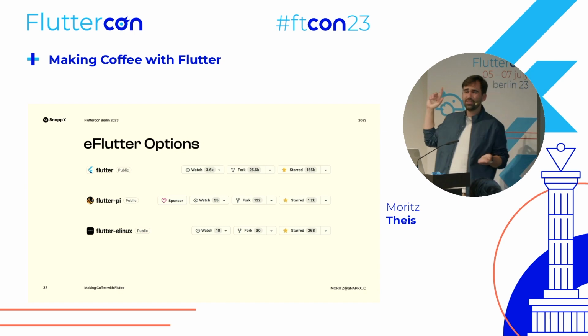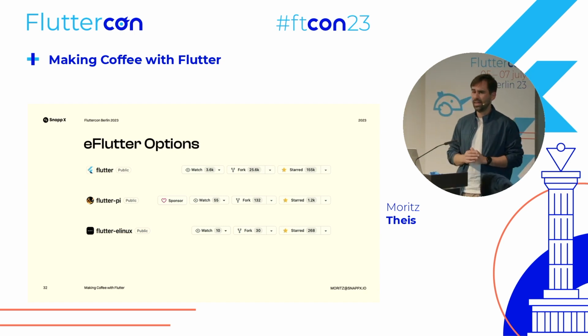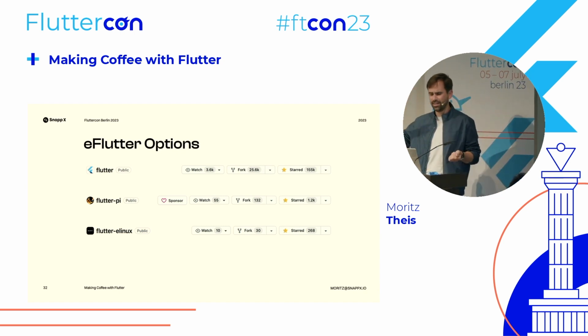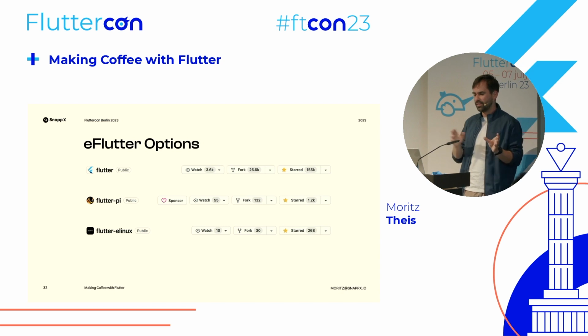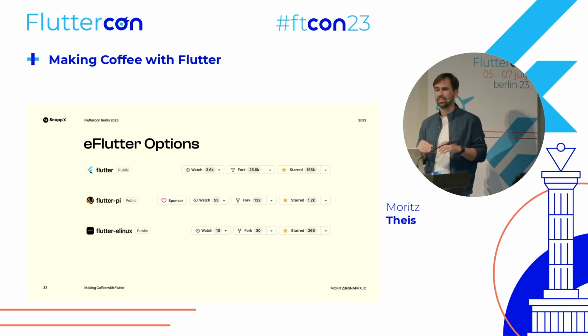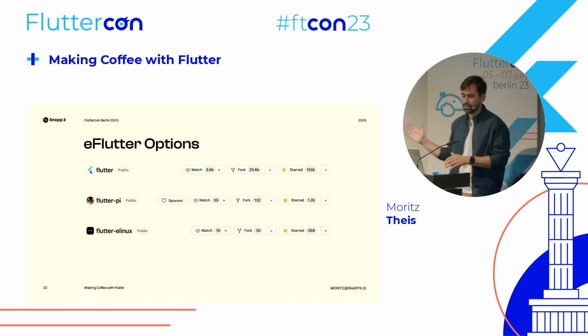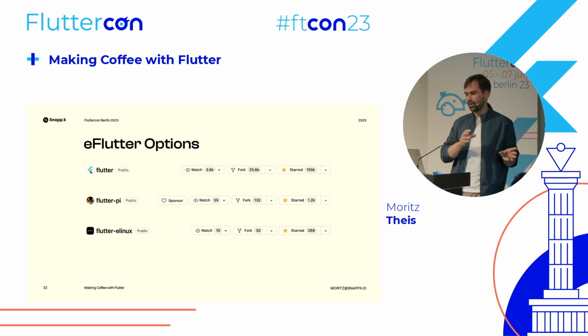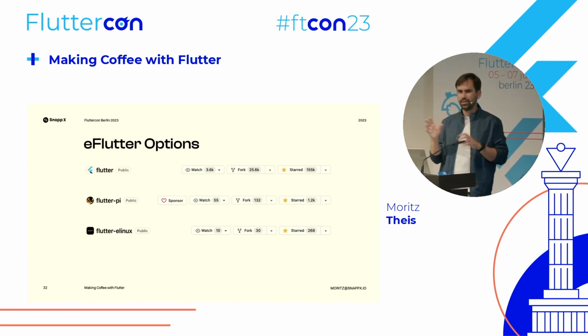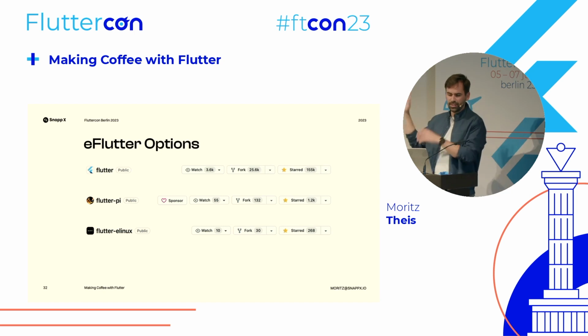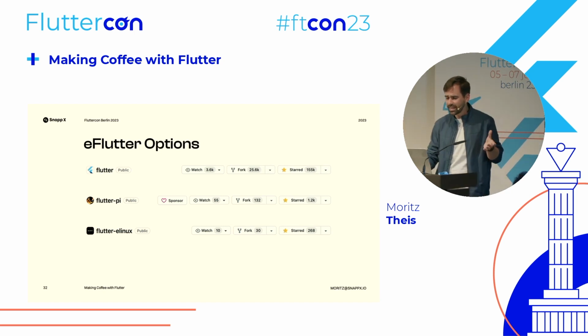And then you have Flutter eLinux by Sony. Don't get misled by how many stars it got, because this Flutter eLinux project by Sony has several repositories. It's open source as well. The embedder got way more stars, but it's just different repositories. Don't only look at the stars.